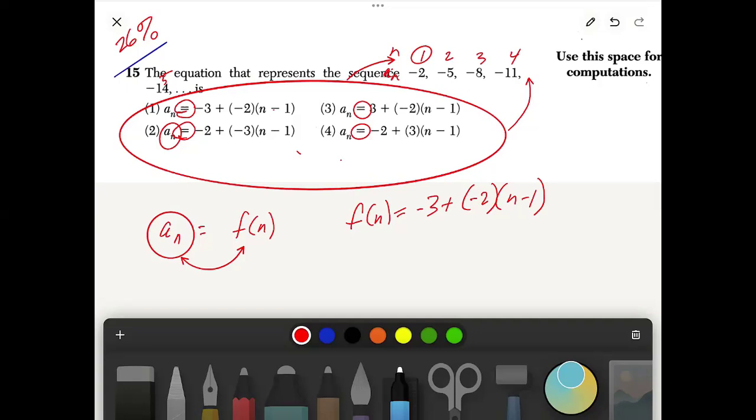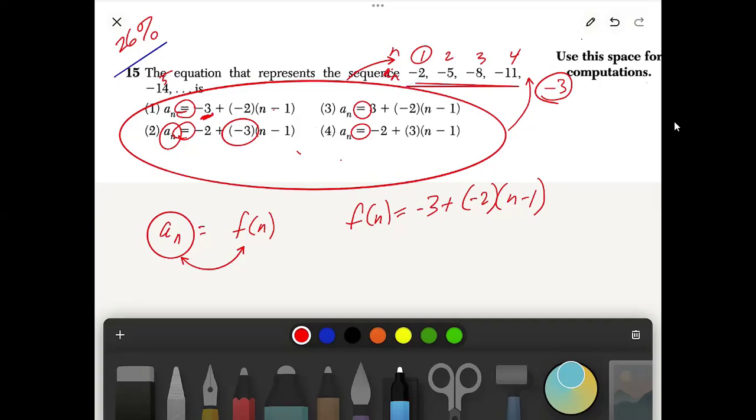Anything that has a negative 3 in it, because we saw that it's changing by negative 3. Now, I don't know about this one. That's where we're starting. But this has a negative 3. Actually, that's the only one that has a negative 3. So that's probably where you should go. But if that's not clear, we're just going to graph these, look at the tables, and see which one creates this sequence right there. Okay, so let's go.